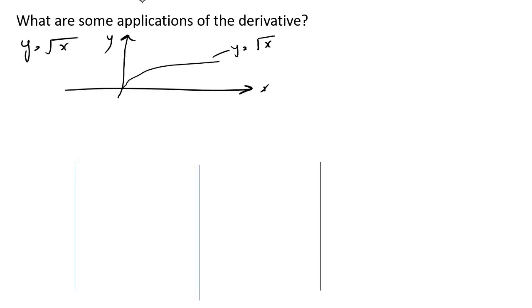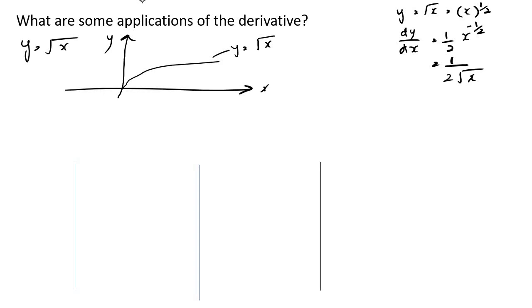If y is equal to square root of x, this is equal to x to the power half, and the derivative dy over dx would be half x to the power of half minus 1, which is minus half. That should be equal to 1 over 2 square root of x.